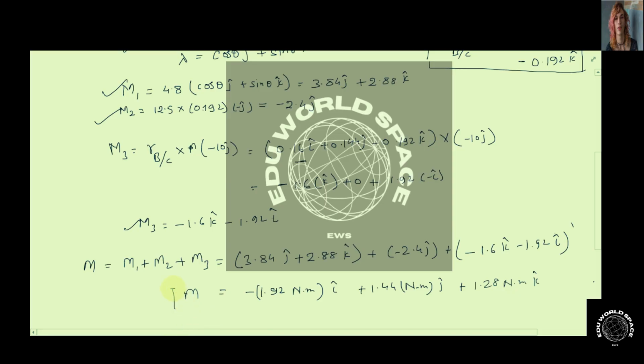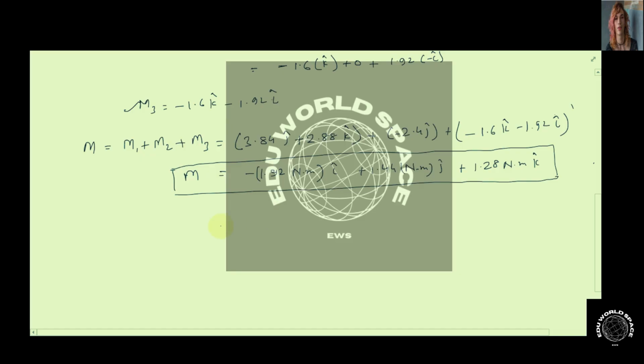Now to find the magnitude of this moment vector, we can square and add the individual components. So the magnitude of M vector will be the square root of minus 1.92 whole square plus 1.44 whole square plus 1.28 whole square, and it comes out to be 2.72 Newton meter.